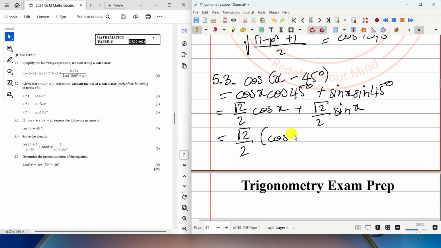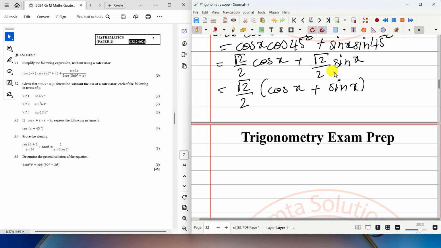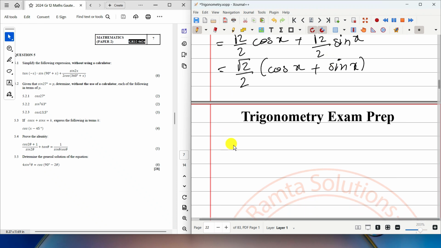We are left with cos x plus sin x, and they said to us cos x plus sin x is k. Therefore, we can conclude root 2 over 2 all multiplied by k. That is your answer. Okay, we are good to go.